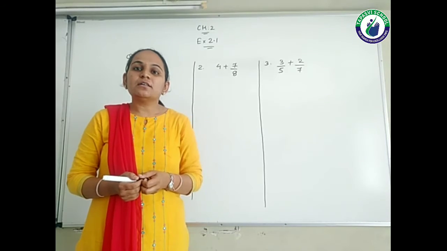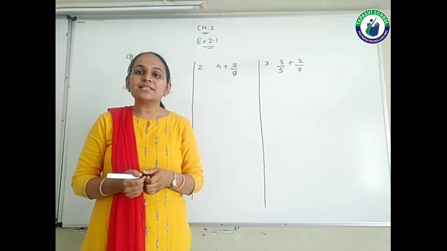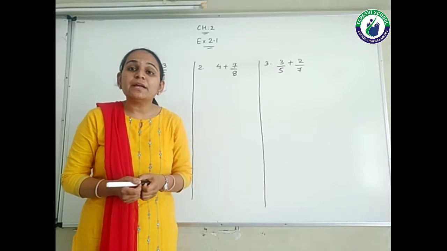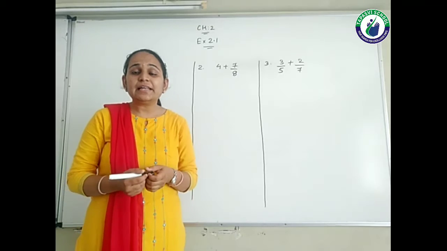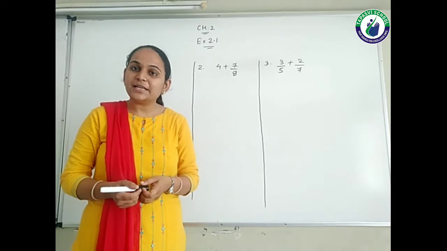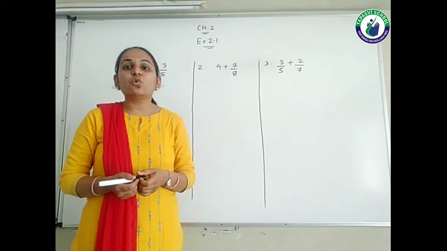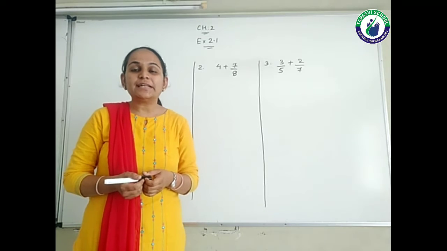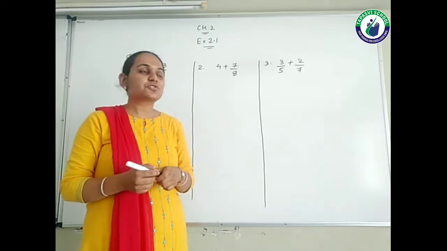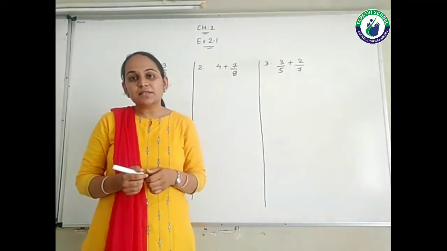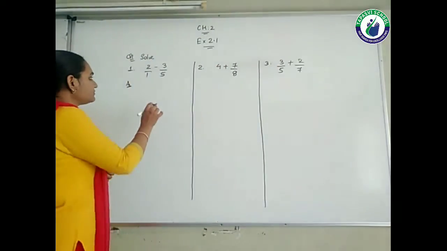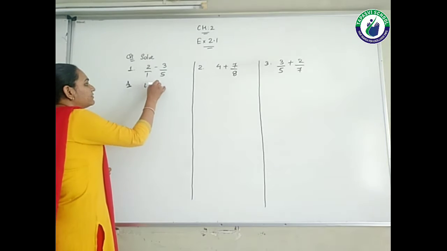Why the need of LCM, students? As I told you, because we want to make the denominators same. Until and unless you make the denominators same, you cannot go with any operation, that is addition or subtraction. So my LCM is 5.